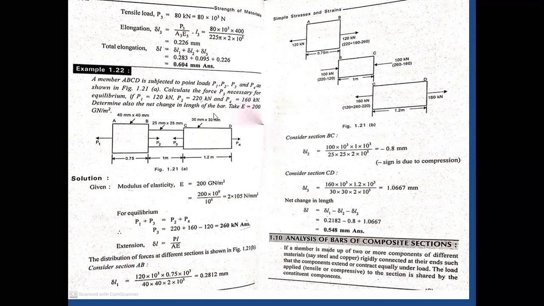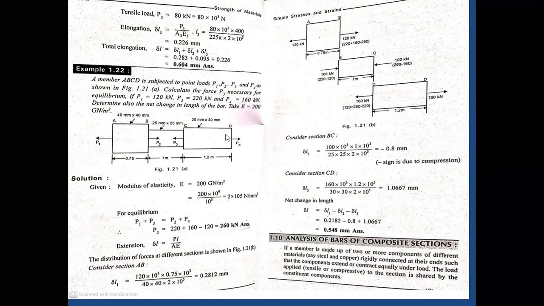At the same time, we also need the elongation of the individual bars. In order to bring the entire system into an equilibrium state, the step we follow is to equate the left side forces to the right side forces.